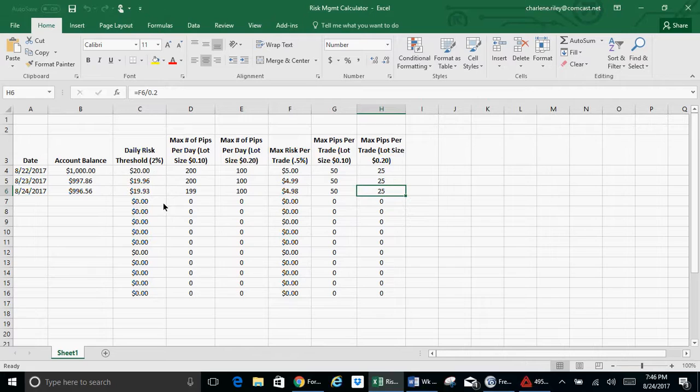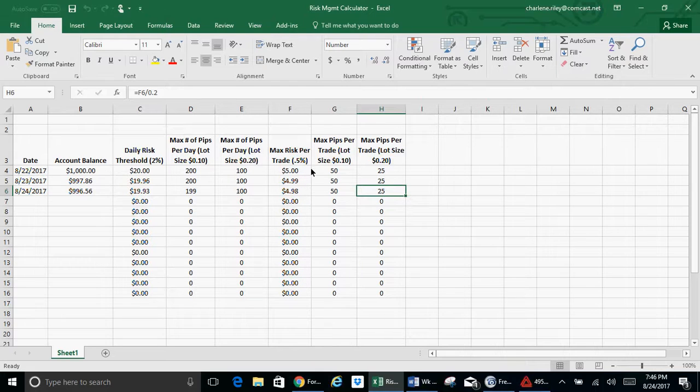My daily risk threshold is 2%. So with my current account balance, that's a total of $19.93 that I could risk today. And that's a maximum number of pips of 199 pips on a 10-cent lot size or 100 pips on a 20-cent lot size.